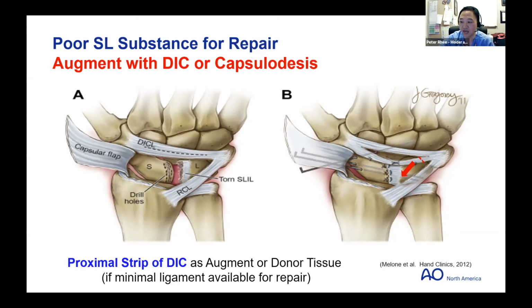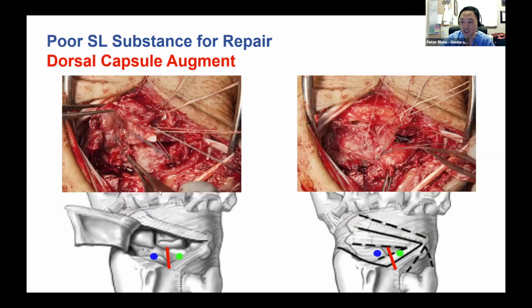Or if you can't do that, a lot of times I'll just prepare the surface, put my suture anchors down, and then just grab the capsule on top, and you're reconstructing the now recognized dorsal capsular scapholunate septum. But I think if there's nothing else there, these are the things that I've done. I don't know if any of the other faculty members have any other pearls.